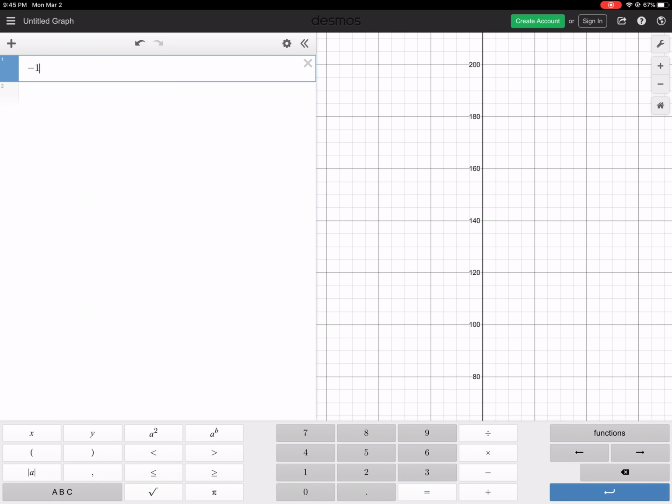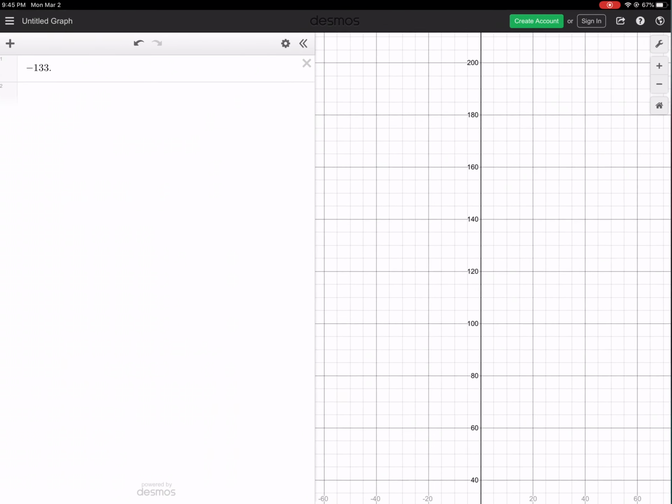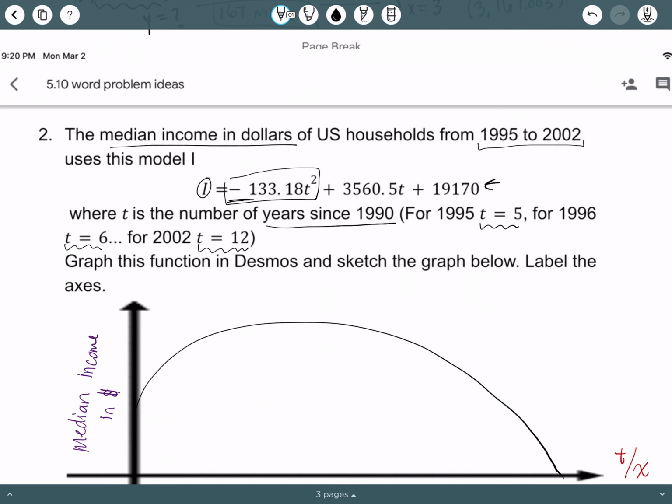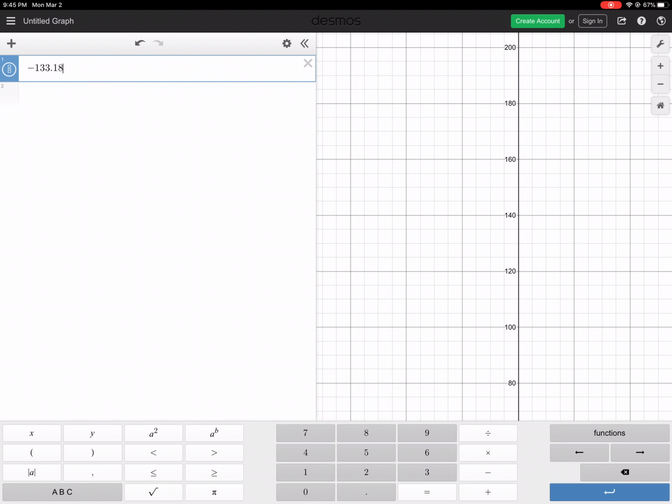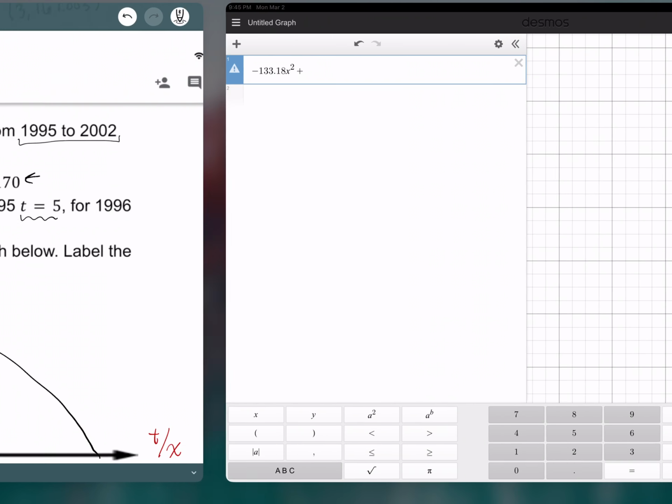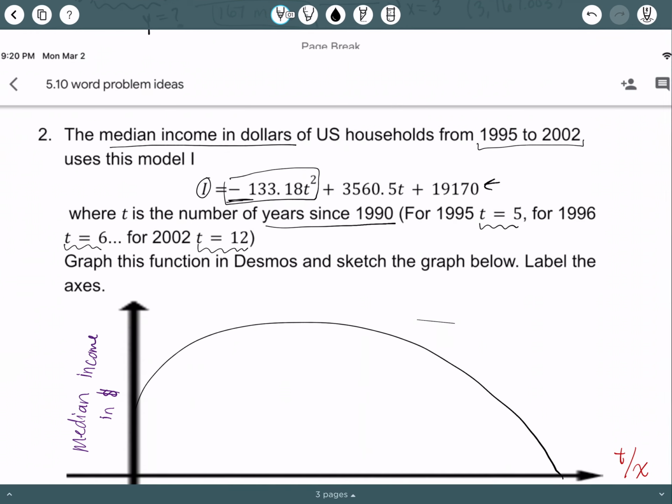So we're dealing with negative 133.18 t squared. Instead of doing t squared, I'm going to do x squared because it just makes it easier to graph in Desmos.